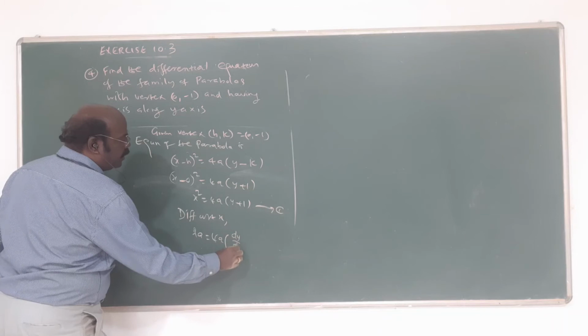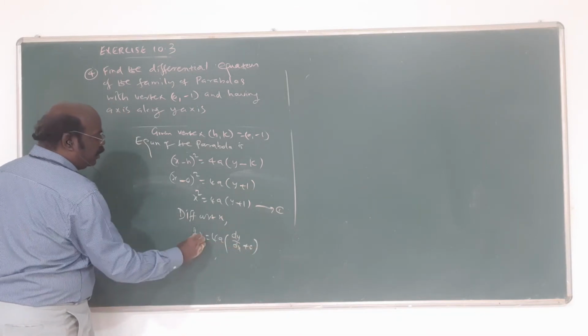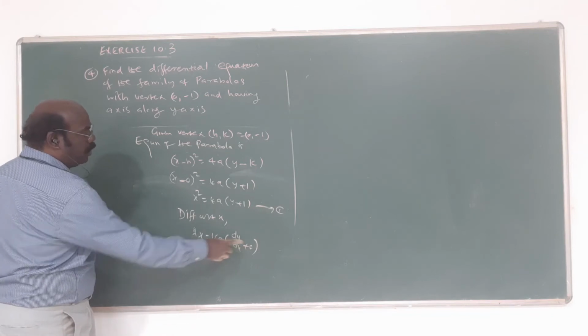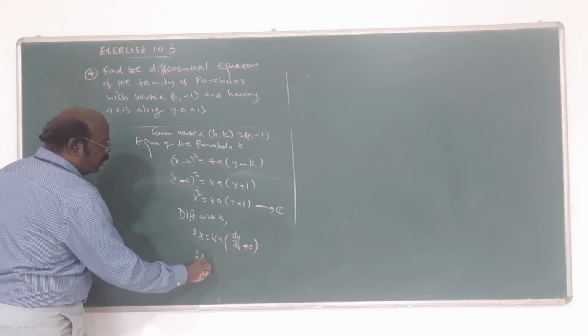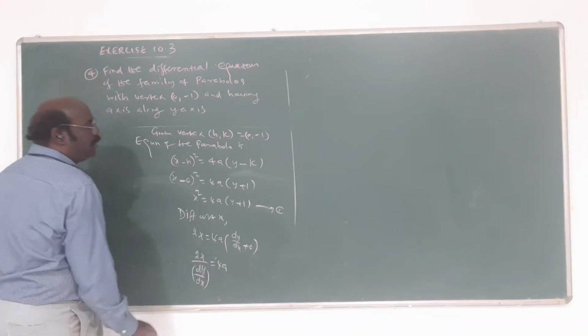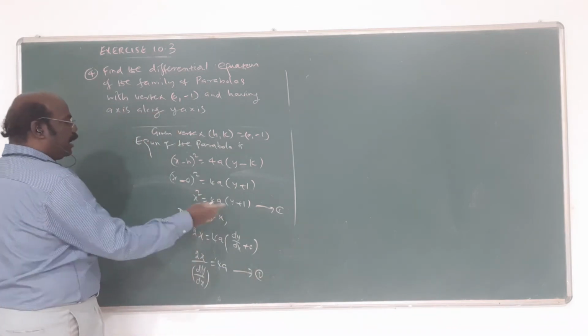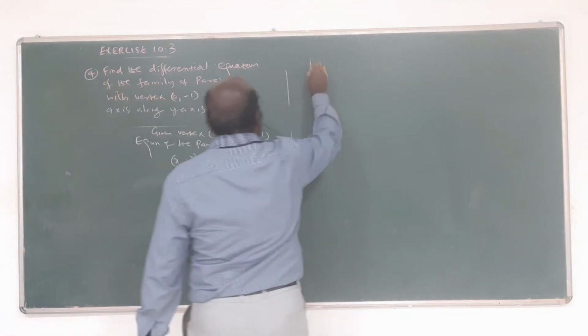The derivative of x square is 2x, and on the right side 4a is constant, times dy by dx. So 2x equals 4a dy by dx. Am I right? Leave 2. Take the value of 4a and substitute here, that is the answer. Put 2 in 1.